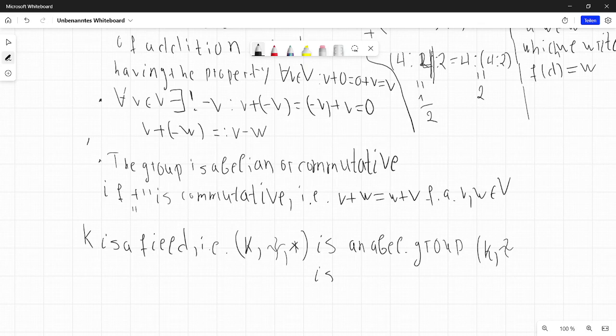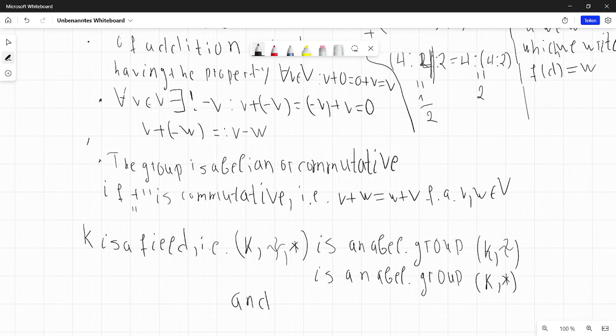It is simultaneously an abelian group with respect to the star.